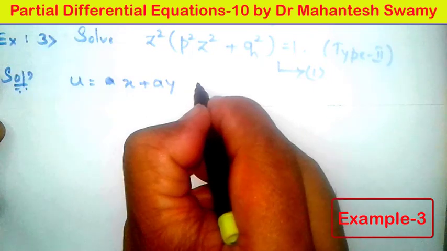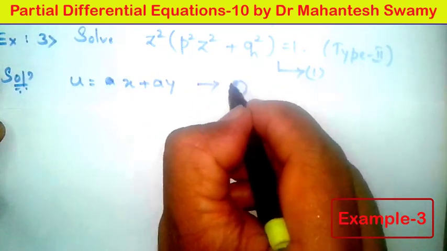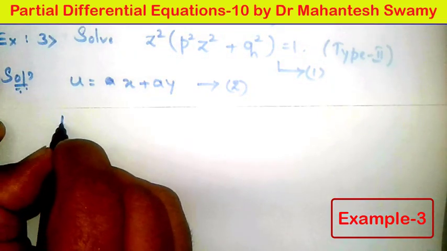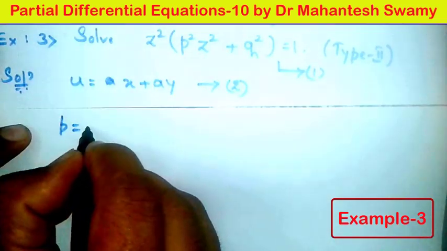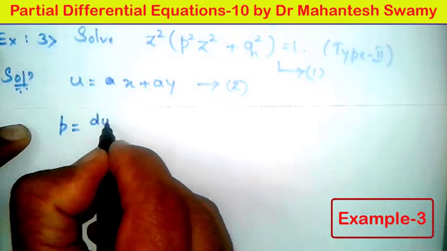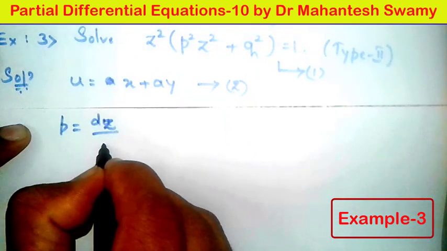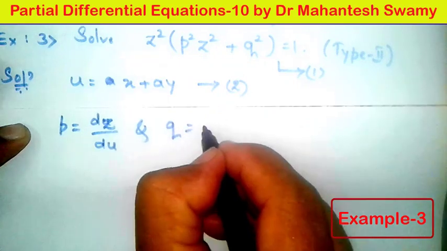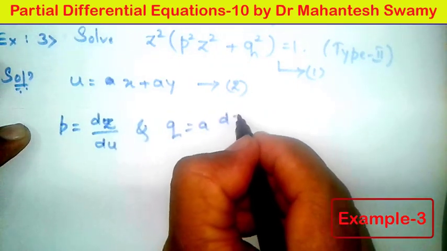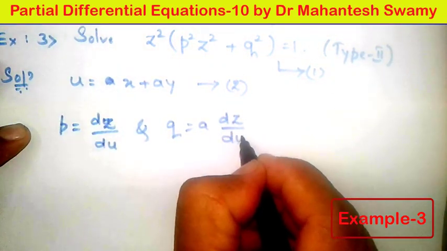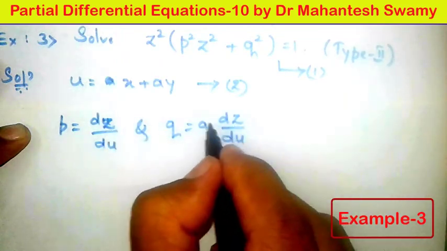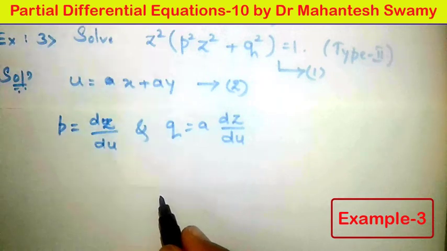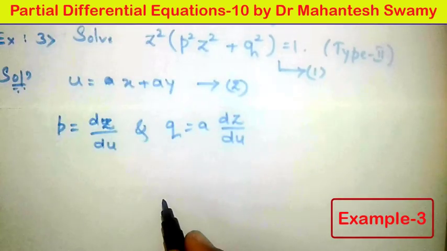X plus ay is an important substitution we have to make here, and with this substitution the p value becomes dz by du, and q becomes a into dz by du. One can refer to my previous video for the explanation regarding this substitution. So here I am substituting the value directly.